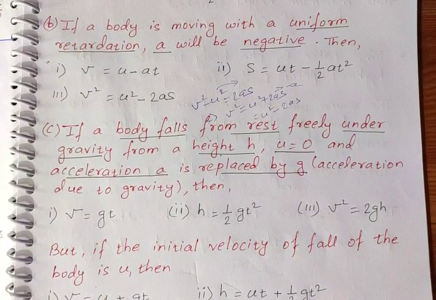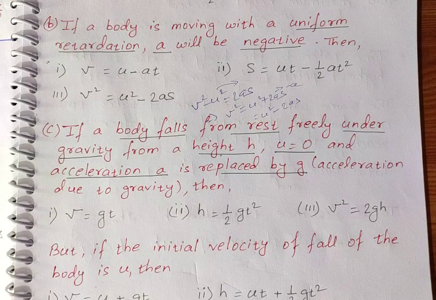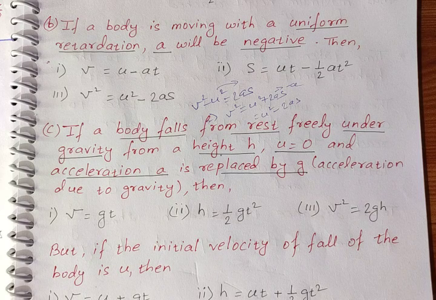Third case, if a body falls from rest freely under gravity from a height h, then u is 0 and acceleration a is replaced by g, that is acceleration due to gravity.